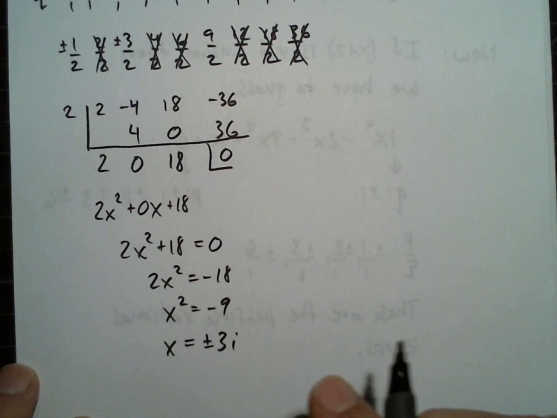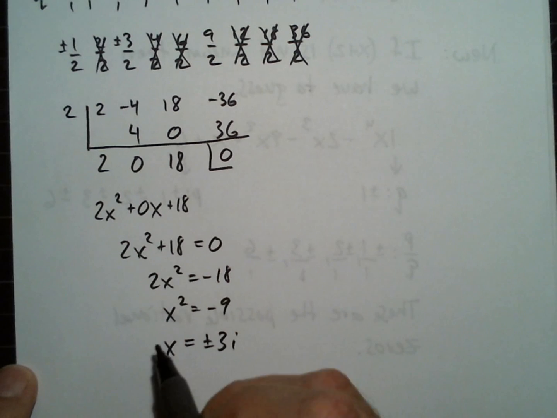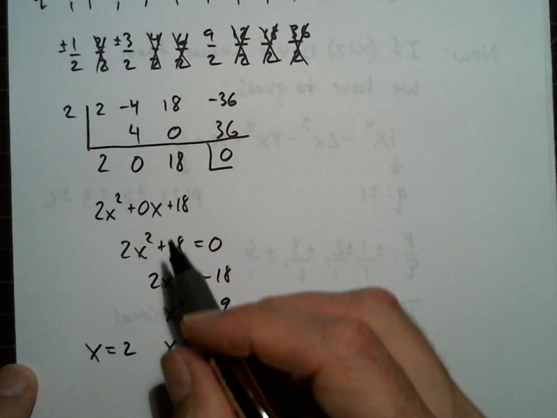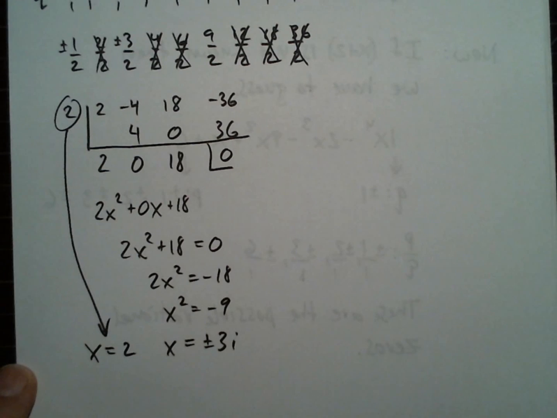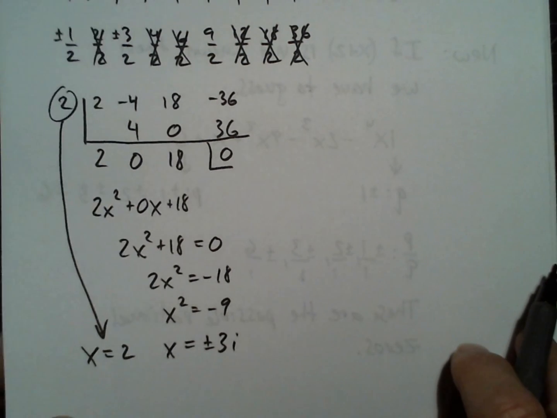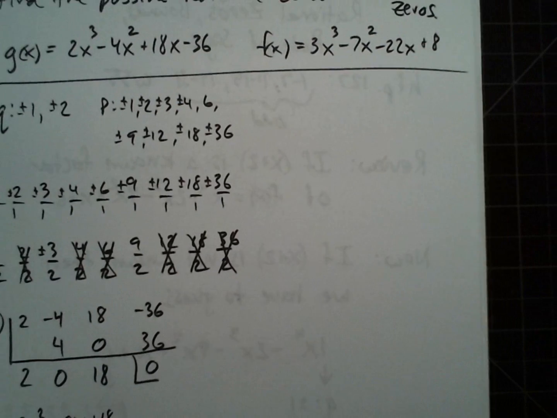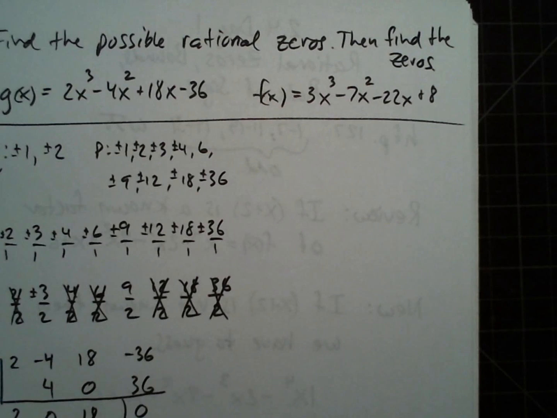So we have these zeros, and then we have x equals 2 from up here. That's the other 0, and we have 3 zeros. Okay, you pause it and try this one.